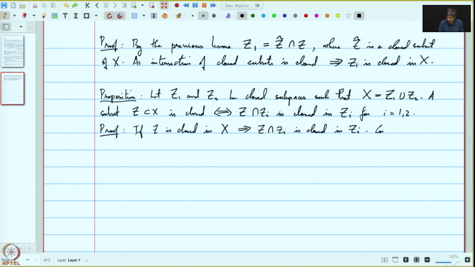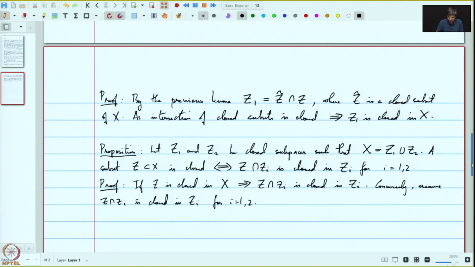Conversely, assume Z intersection Zi is closed in Zi for i equal to 1, 2.